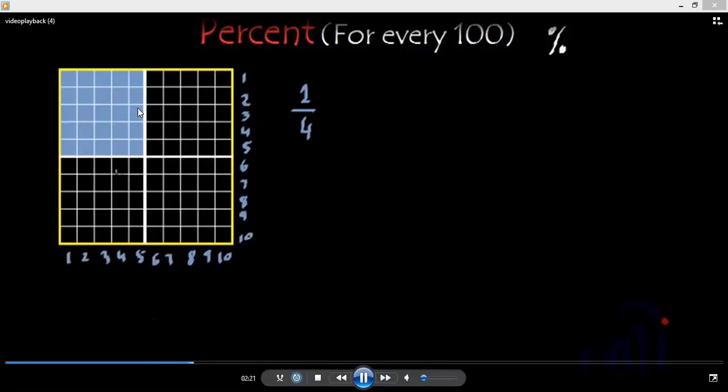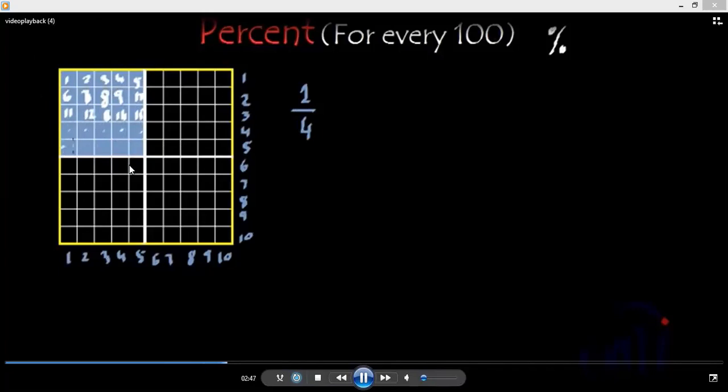Now we want to count how many pieces are inside this quarter. Start to count with me. 1, 2, 3, 4, 5, 6, 7, 8, 9, 10, and so on. We continue. Okay, 11, 12, 13, 14. And we can say that here I have 5 and I have 5.